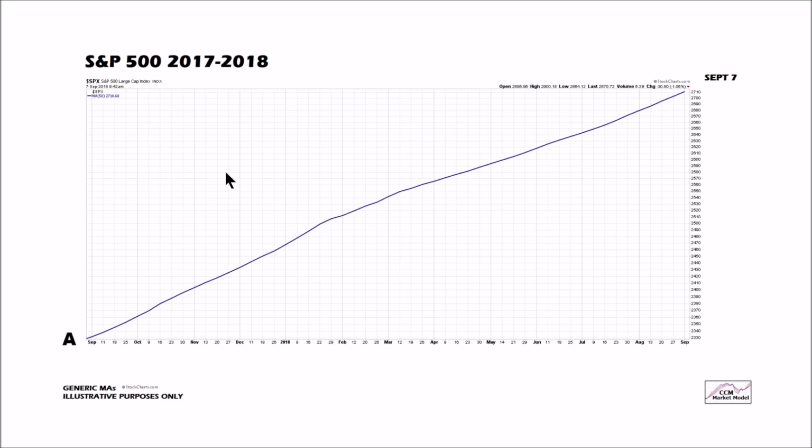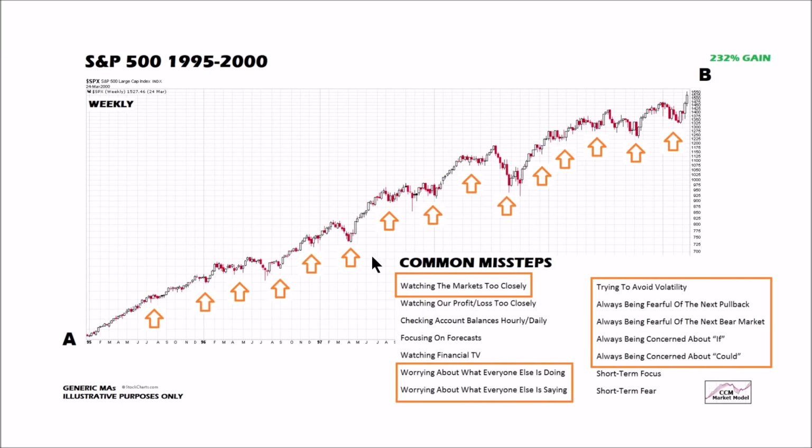The answer on September 7th, 2018 is very, very healthy from a trend perspective, telling us the probabilities favor higher highs after any bout of 100% normal and to be expected volatility.